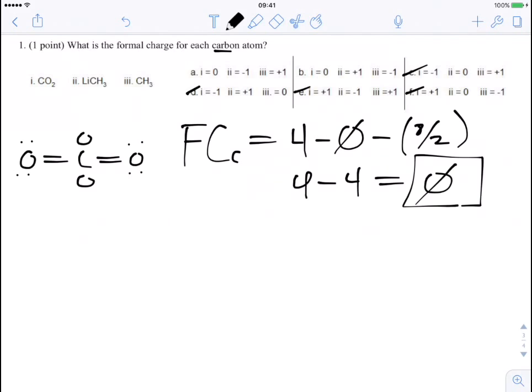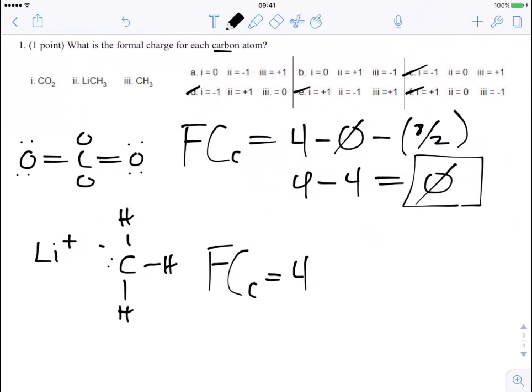We're going to take the next one. Alright, and then we're going to do the formal charge of that carbon. Take the group number minus its lone pair electrons minus half of its bonding electrons.